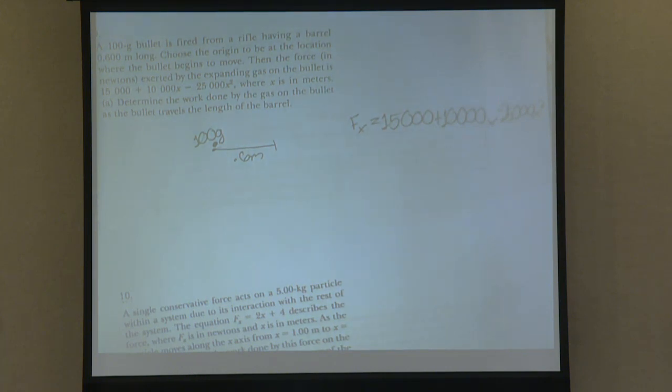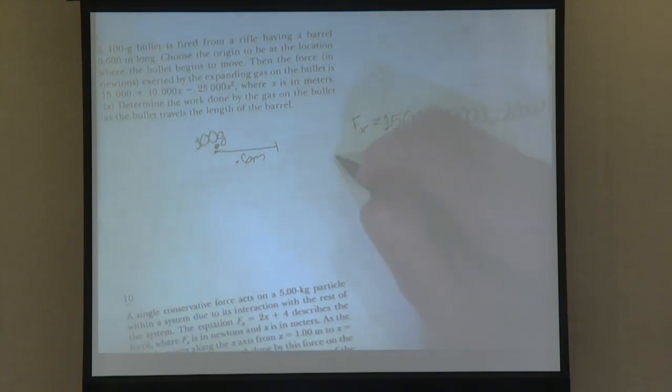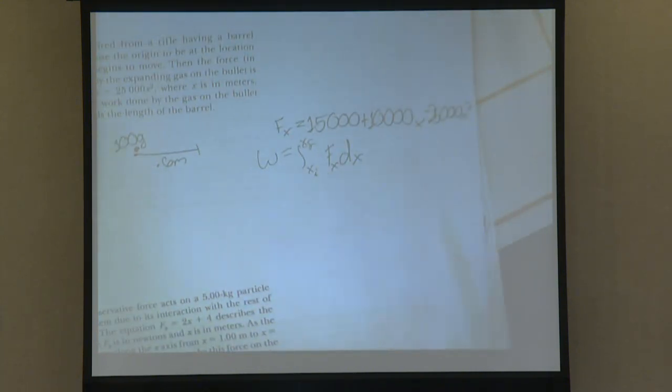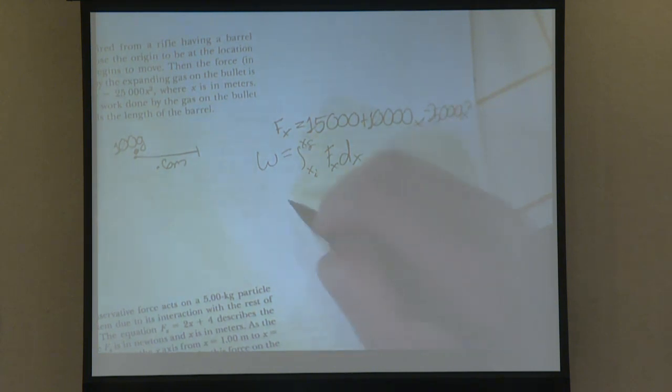Okay, so it wants to know the work done. If you remember the formula for work, work is equal to the integral from xi to xf of the force. They gave us the force, and we have the distance as well. It starts at 0 because it says the origin.